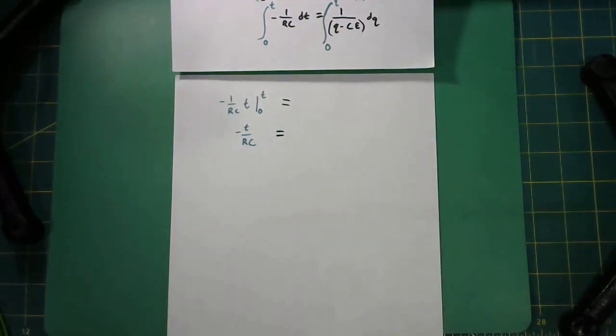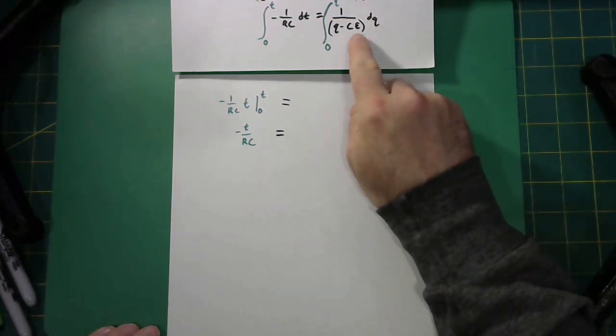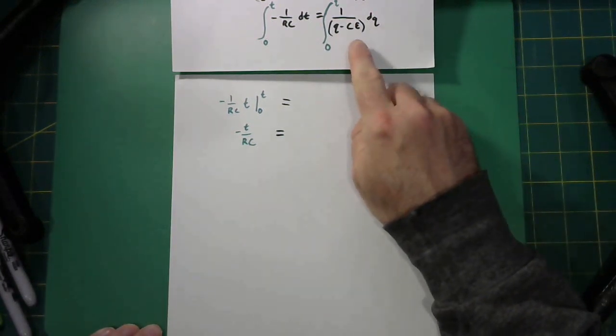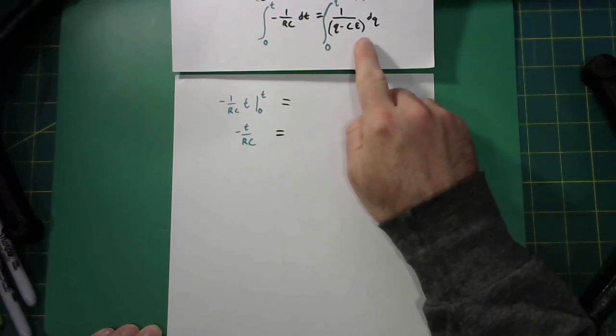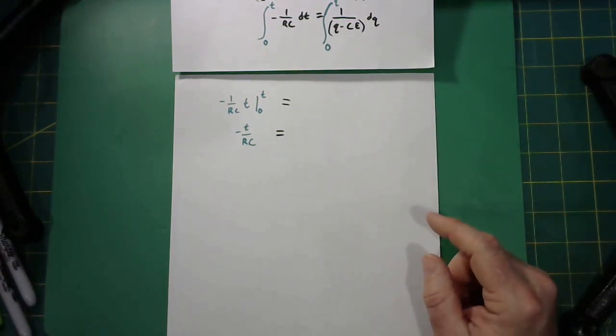On the other side, on the right side of the equation, that integral is a little bit trickier, but at this point in the game, you guys have done enough calculus that you recognize this as being a natural log integral.